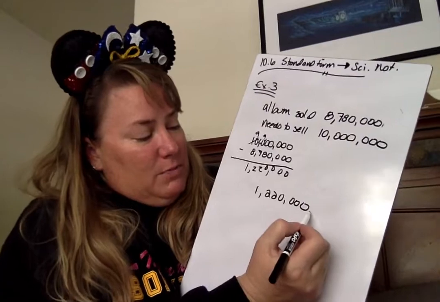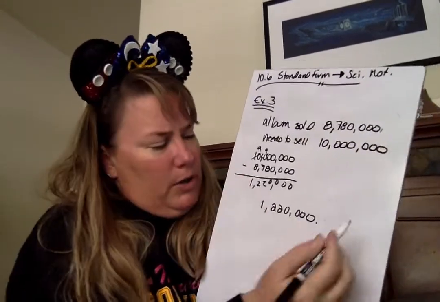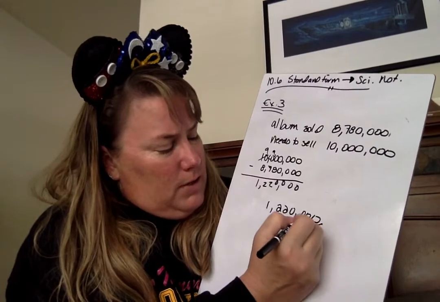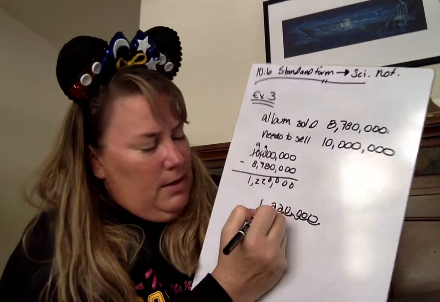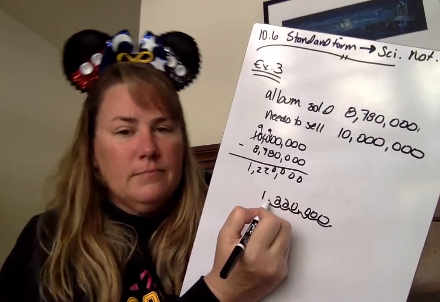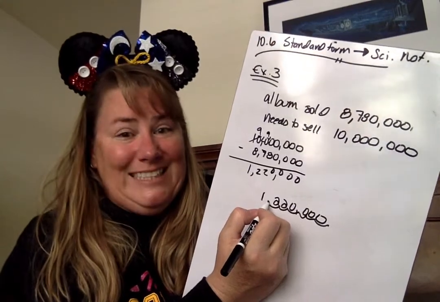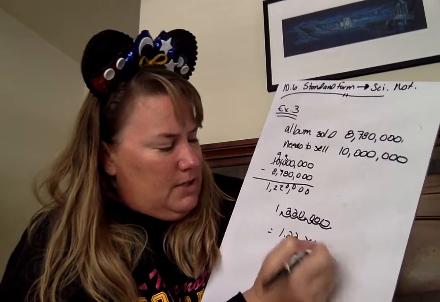So that means the decimal starts here. And we're going to move that until you get to a number that is less than 10, greater than or equal to 1. So we're going to keep going. There's 1, 2, 3. Can't stop yet. Can't stop. Can't stop. I'm at 1.22. Can I stop? Yep.